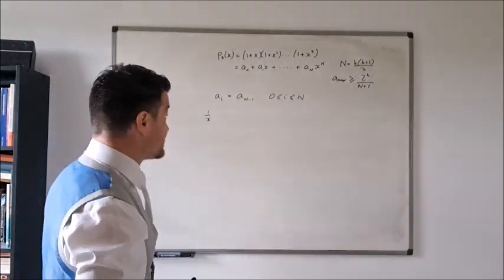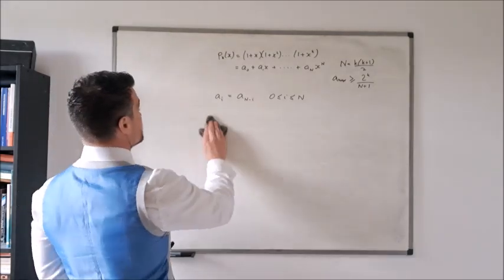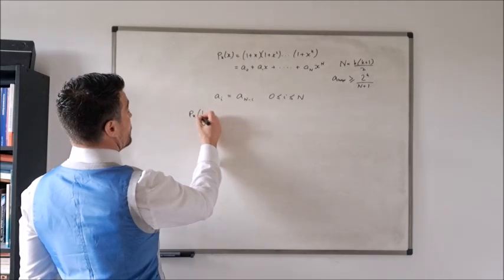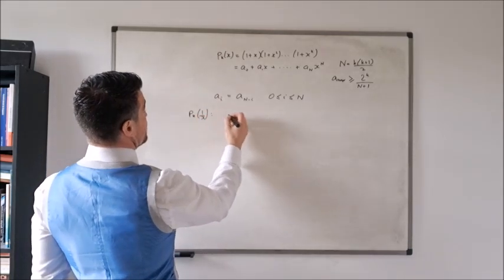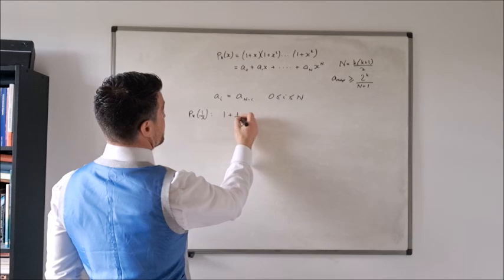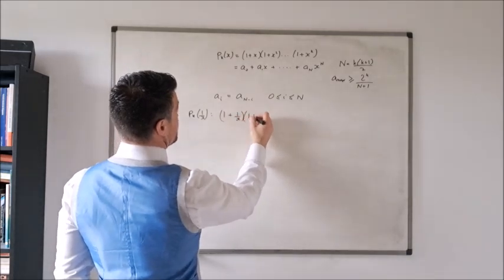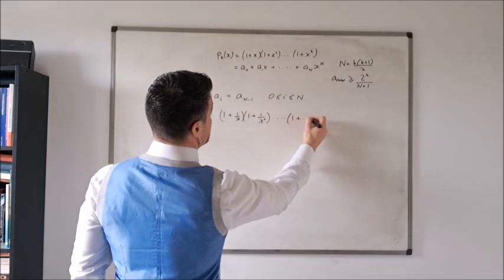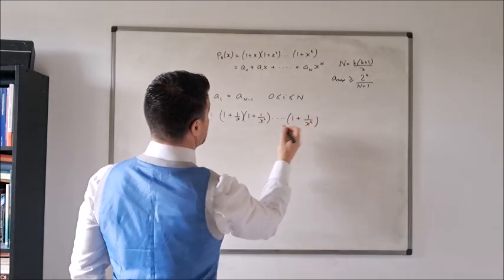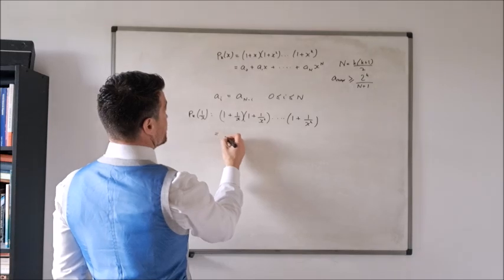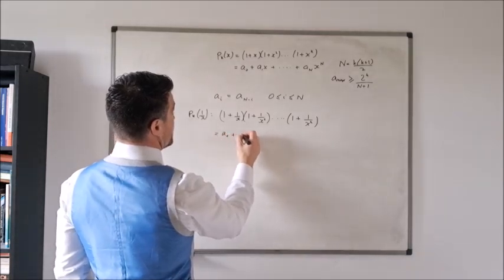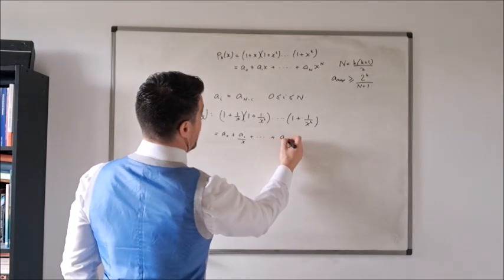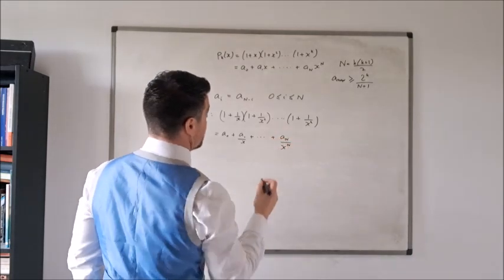Okay, so we're given a big hint. Let's go with it. So p sub k of 1 over x is going to be 1 plus 1 over x times 1 plus 1 over x squared, up to 1 plus 1 over x to the power of k, and this must be equal to a naught plus a1 over x plus up to a n over x to the power of n.